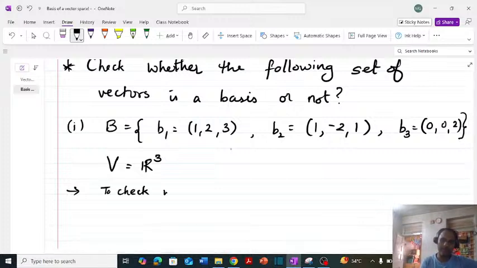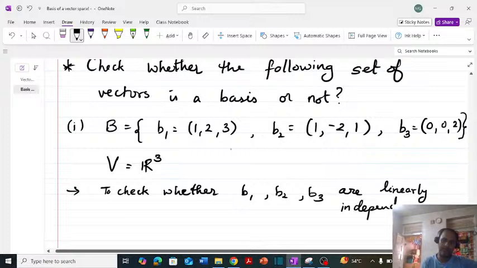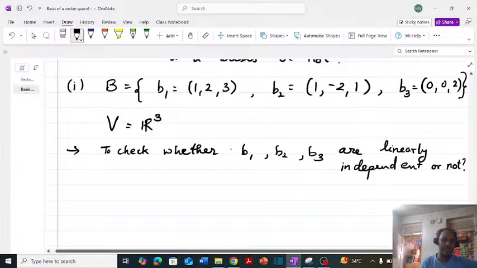To check whether b1, b2, b3 are linearly independent or not, consider the determinant of b1, b2, b3.